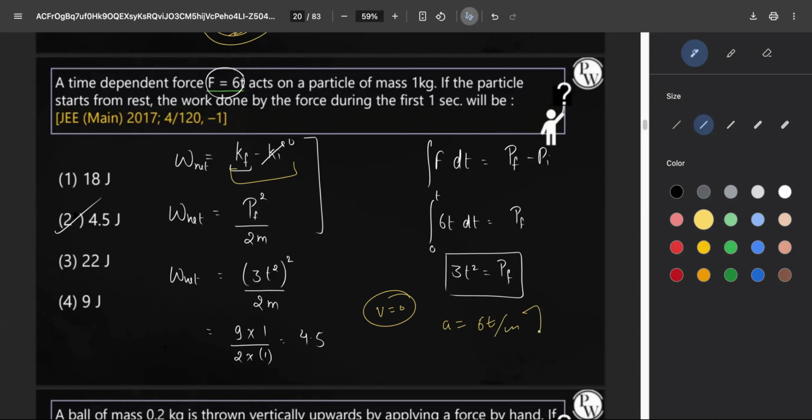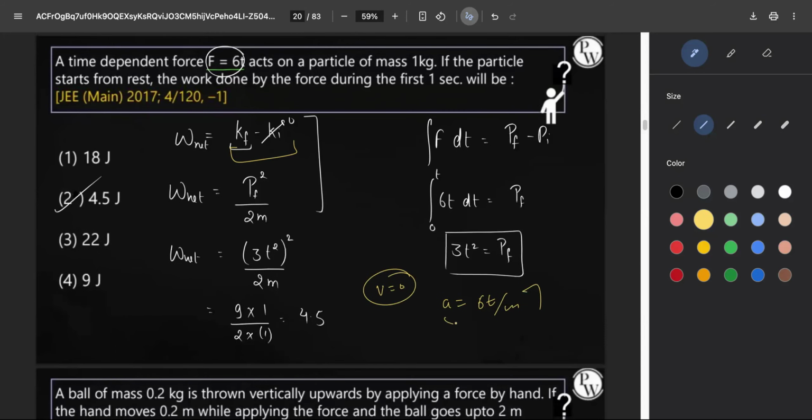So one way of calculating it is to use this acceleration and calculate the velocity after time t. After time 1 second, what is the velocity of this particle? So you know that velocity is basically 6t by m into t.